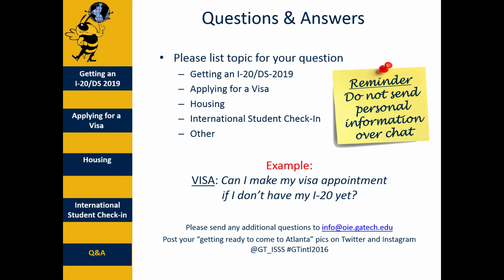Even if you only have a temporary address, for example, if you're living in a hotel for a couple of days, go ahead and use that hotel's address just to get the e-form submitted and get your OIE check-in process complete and your hold removed so that you can register for classes. But you'll have to remember that it is required that you update us with your current Atlanta address whenever it changes, and we'll give you instructions for that when the time comes.